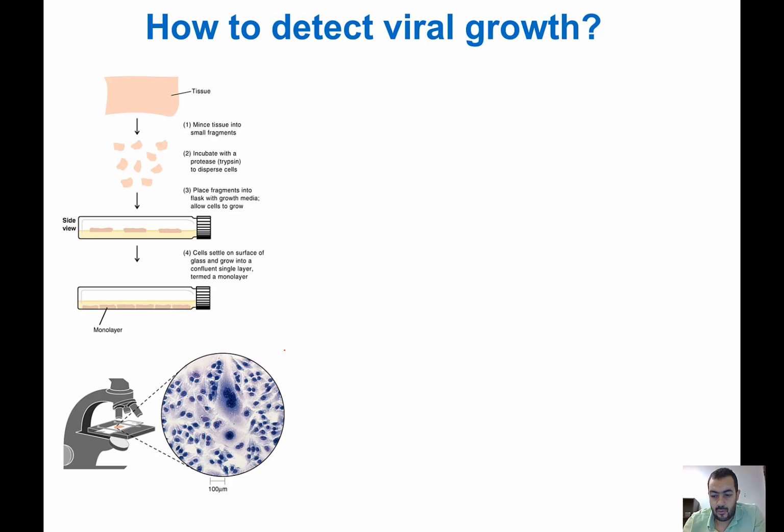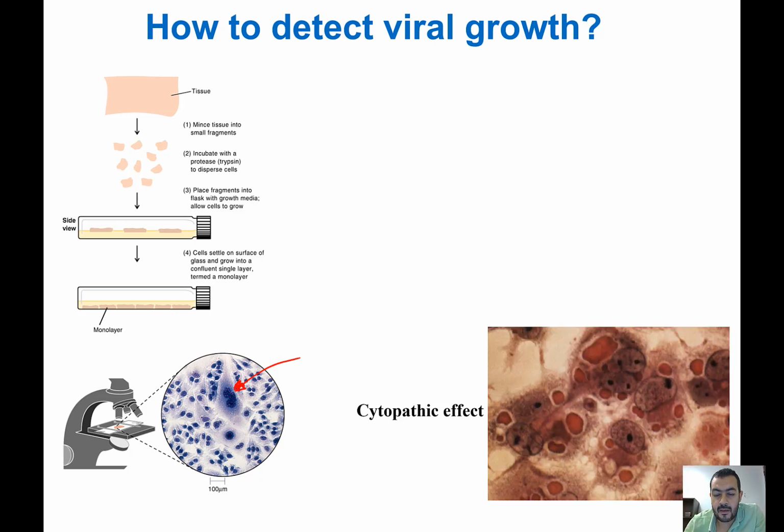The first method that we can use to detect the viral growth is the presence of the cytopathic effect. Remember, when we do the tissue culture, if the virus is specific to this type of tissue, it will damage the cell and produce these inclusion bodies, which is an abnormal appearance of the cell.